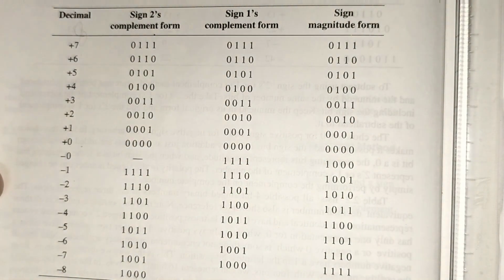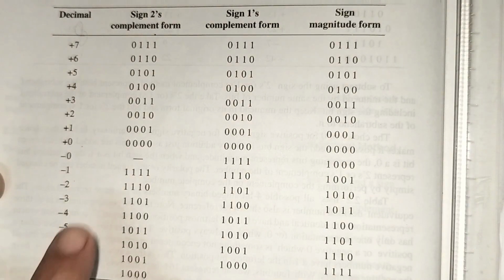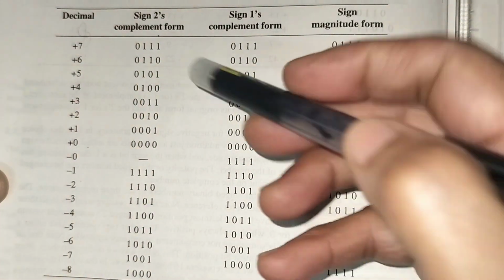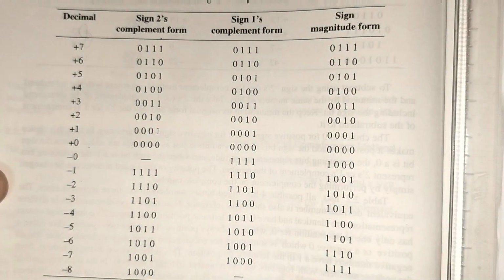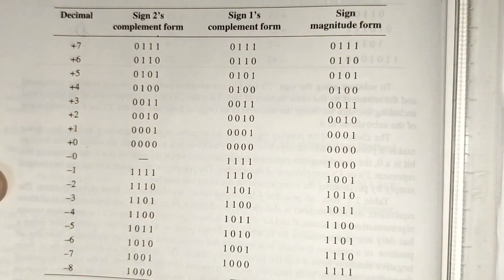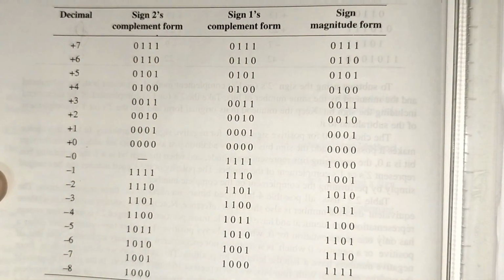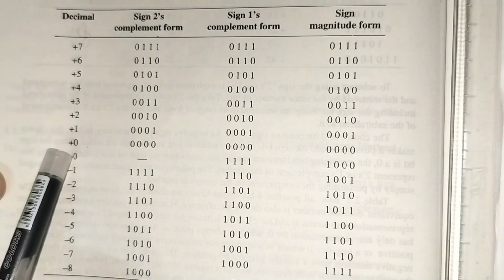Here, according to our characteristics, a 2's complement has only a unique 0. We can see the list here: this column has the 2's complement form, this has the 1's complement form, and this has the sign magnitude form, and these are the decimal equivalents. First we will see the numbers from positive 7 to positive 0.